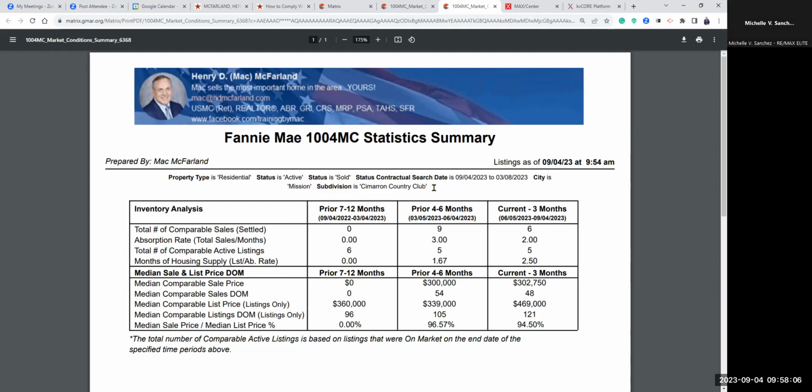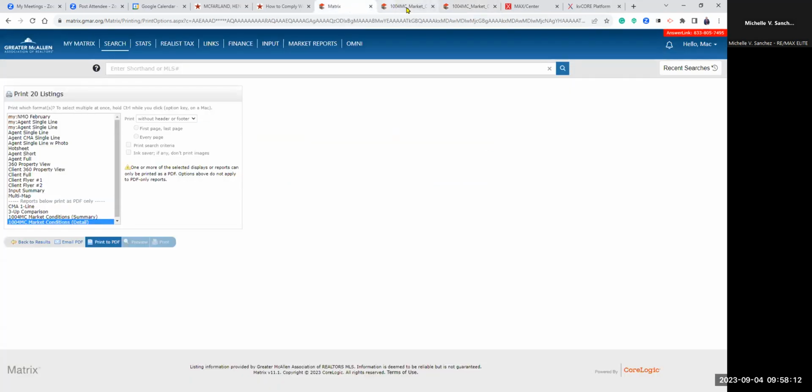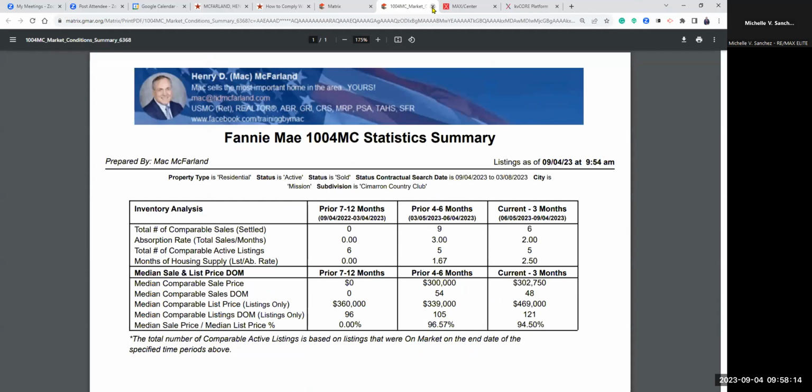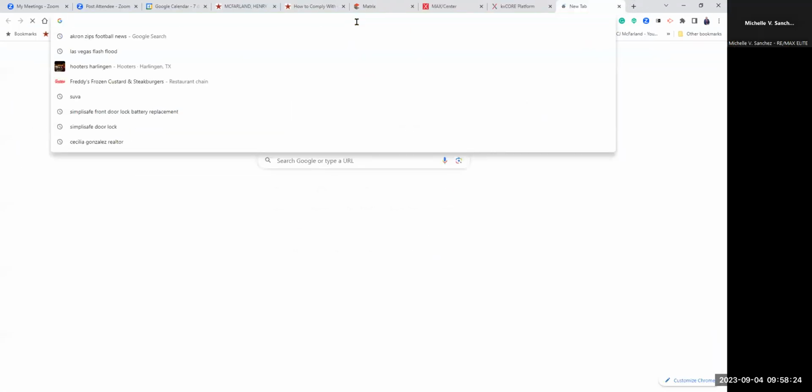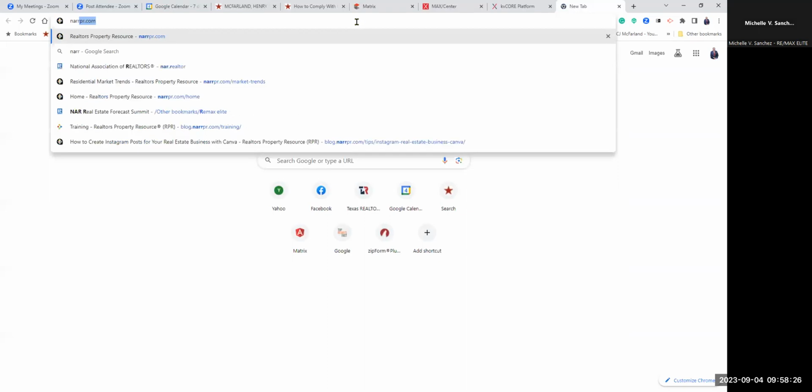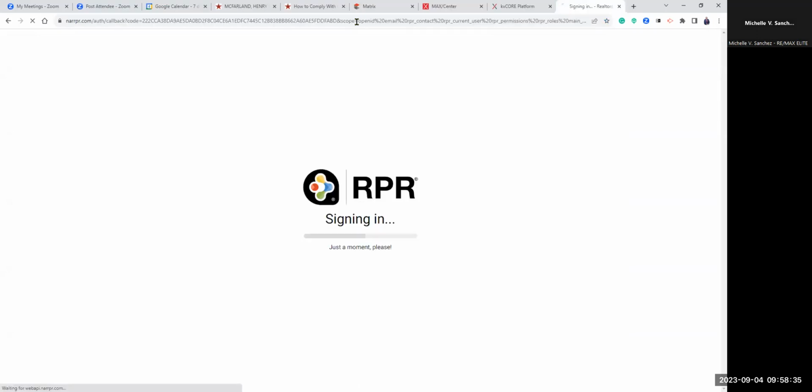Mac, I have a question about RPR. It's a little off subject, but why do I notice that RPR is off on the property value versus the MLS? I'm not sure what you're talking about. So when I go through MLS, I think it's called Realist, it'll tell me what the value of the property's worth, an estimated value.